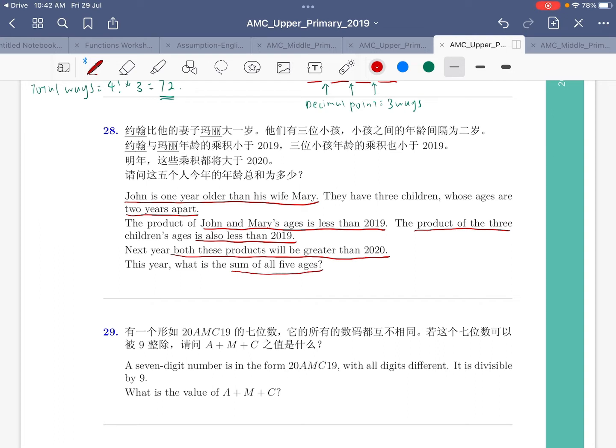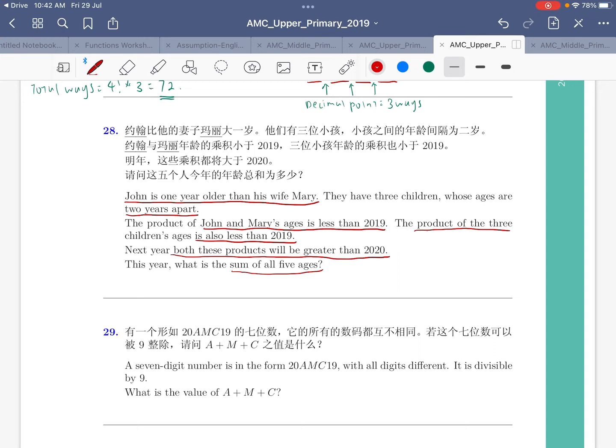Now, this question is a little bit more challenging, but fortunately, we are allowed to use the calculator over here. So we are going to try to do our best and use our calculator. Let's take a look. John is 1 year older than his wife Mary. We will focus on the parents first. The product of John and Mary's ages is less than 2019.